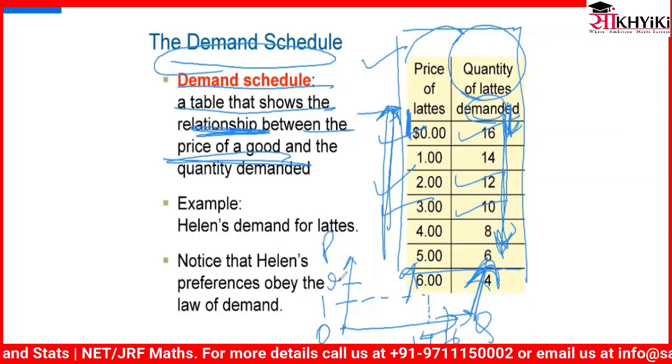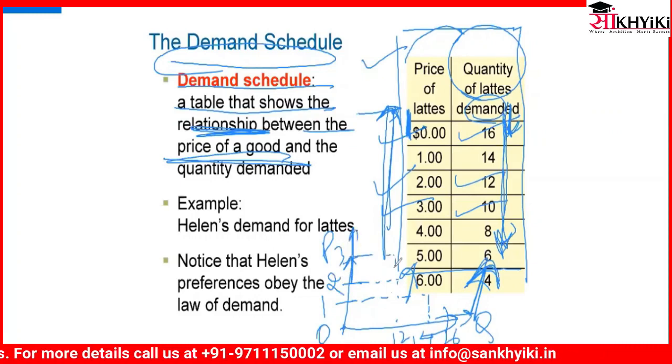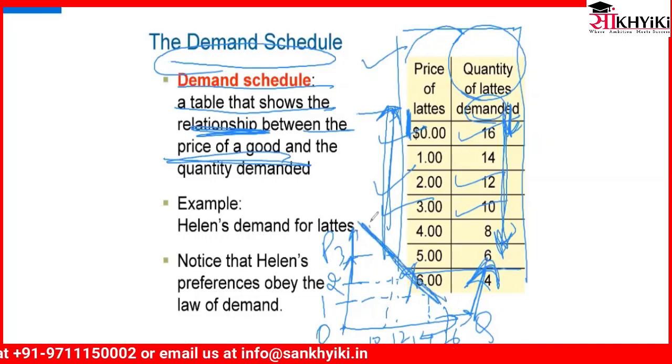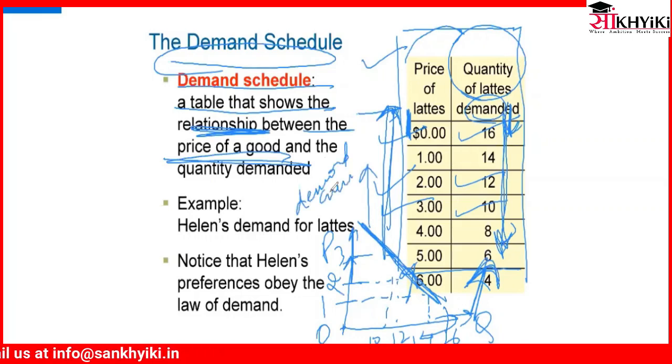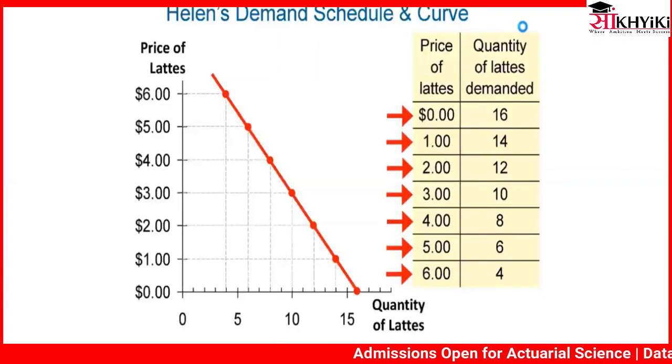At price 2 it is 12. At price 3 it is 10, and so on, and I will get a negatively sloped line. This line is called the demand curve. So let's see exactly what is happening. So this is how a typical demand schedule and a demand curve look.